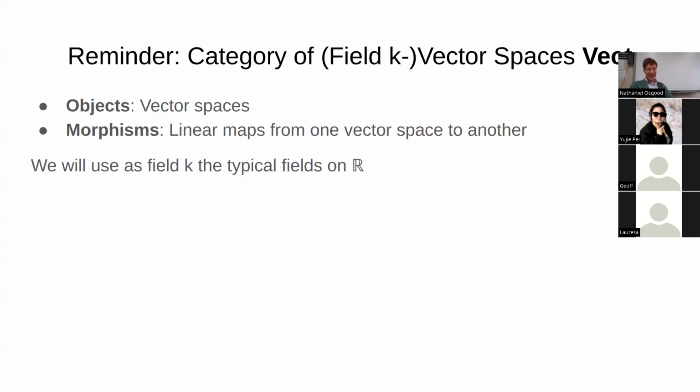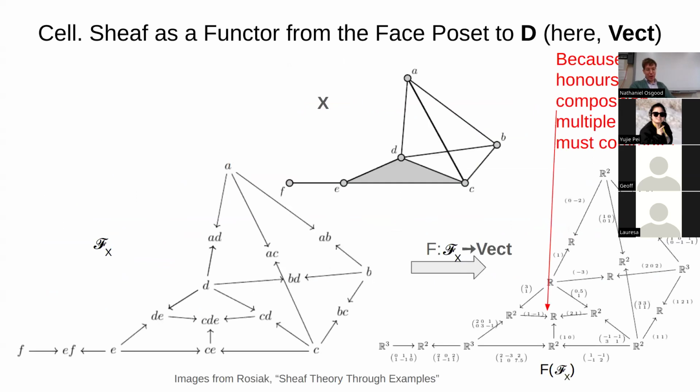Okay. But one thing you could do is work with equalizers and coequalizers with arbitrary categories. And that's what John does in that paper with Aditya Chaudhary. Okay.